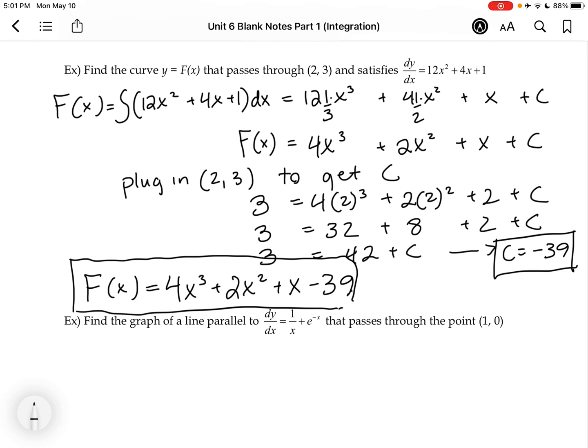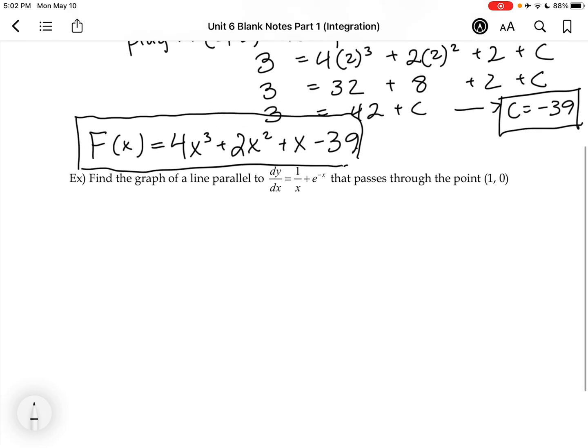All right, one more question. Now I have to fix the wording of this question a little bit because the wording is a little messed up. So find the function with a derivative of that passes through this point.